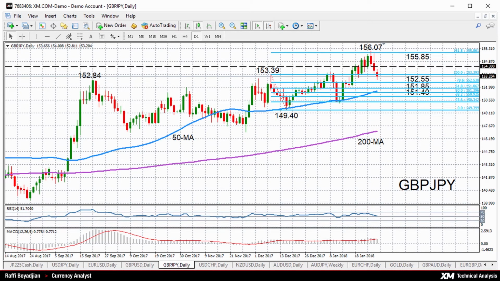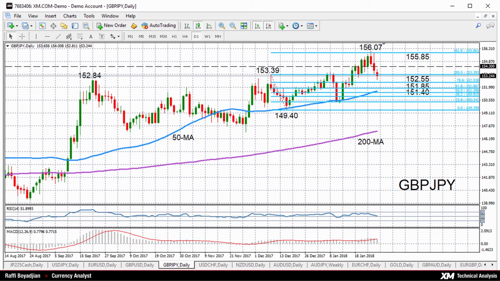And finally, looking at pound yen, that's another pair looking bullish in the medium term, though in the short term pound yen is rather bearish at the moment. We can see the RSI has fallen significantly over the past few days, and is just about hanging above the 50 neutral level.